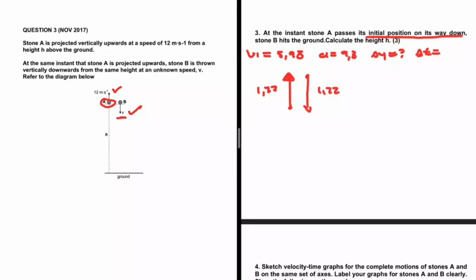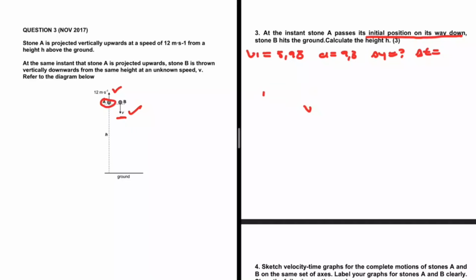And we know fully well that that is the time taken by stone B to strike the ground. As stone A passes its initial position on its way down, stone B strikes the ground. Okay, so we have the time, but it is not easy to see. You have to think about it a bit. But we've covered this in our previous problems, so it should not be an issue whatsoever. You should be able to answer this question using just the knowledge we have covered.